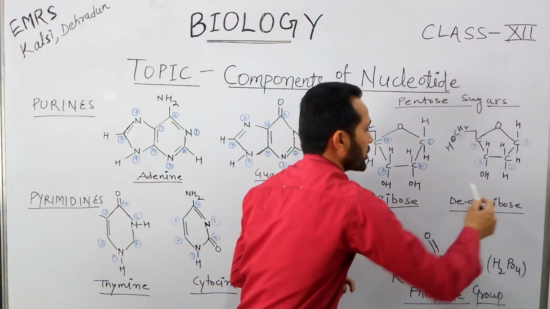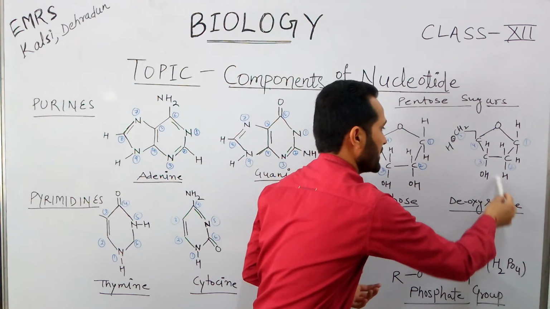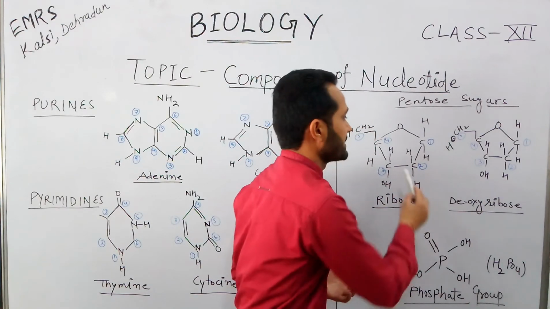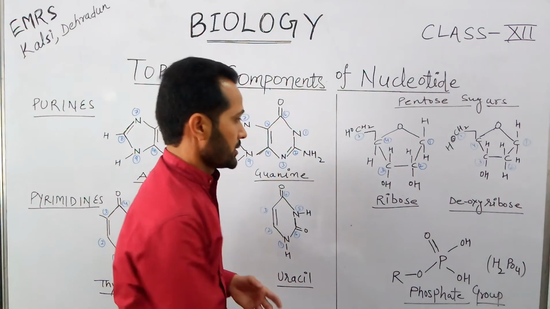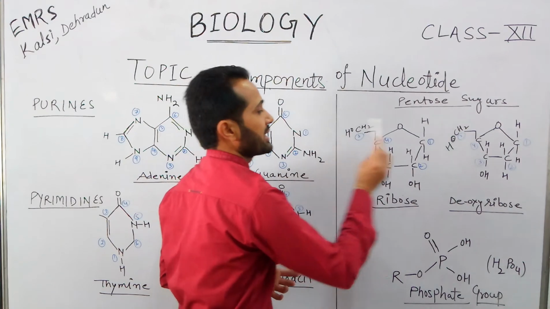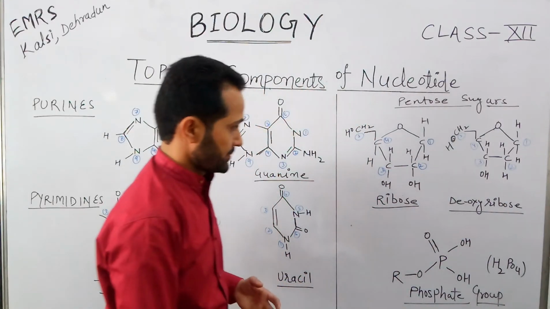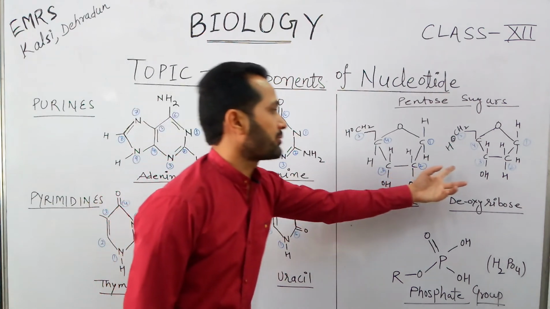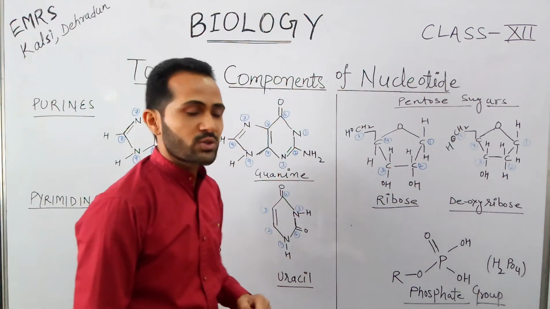That's why the term deoxy is given. Oxygen is removed, so here OH is not present, only hydrogen is present. This is the only difference between ribose and deoxyribose. So ribose sugar is present in case of RNA and deoxyribose is present in case of DNA. So the nucleotide of DNA is made up of deoxyribose sugar and the nucleotide of RNA is made up of ribose sugar.